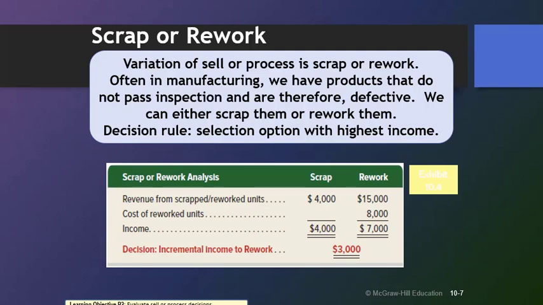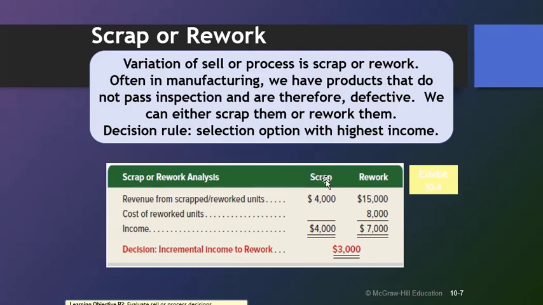So we have to decide, do we just write them off as scrap, or do we attempt to rework them so that we can sell them? This assumes that these items are already defective. We just have to decide, do we scrap them or do we rework them?